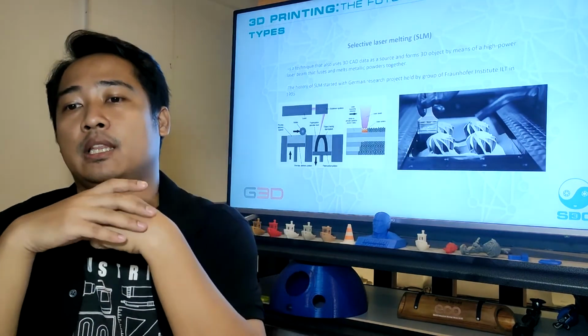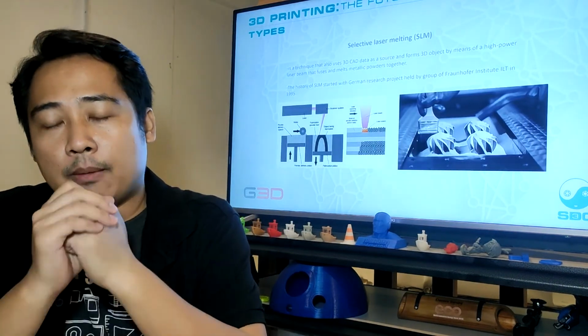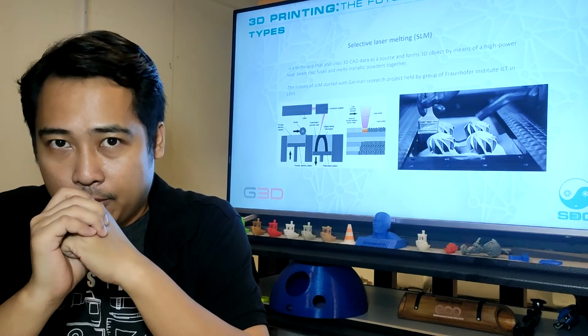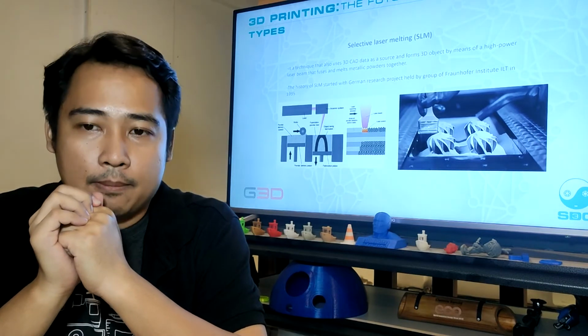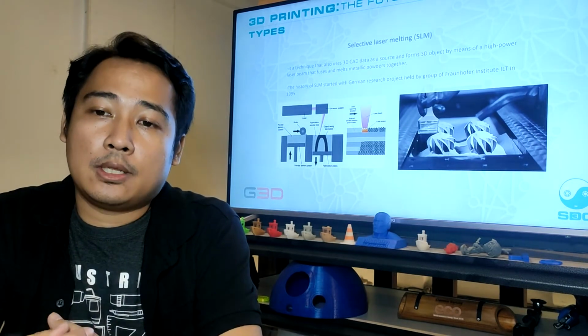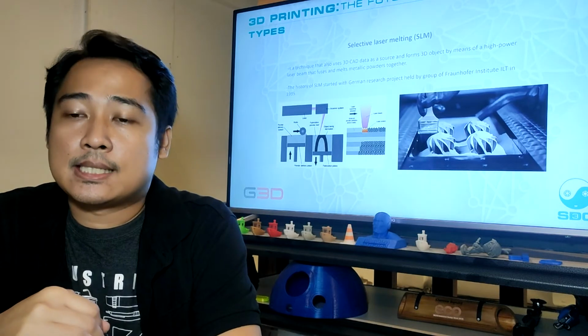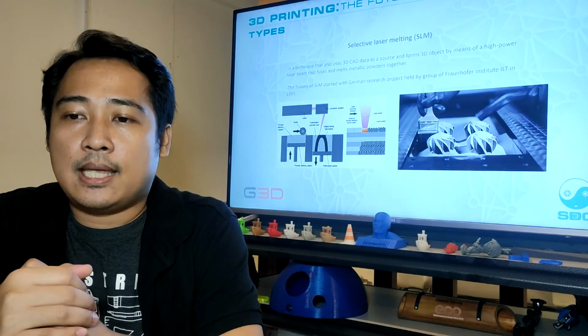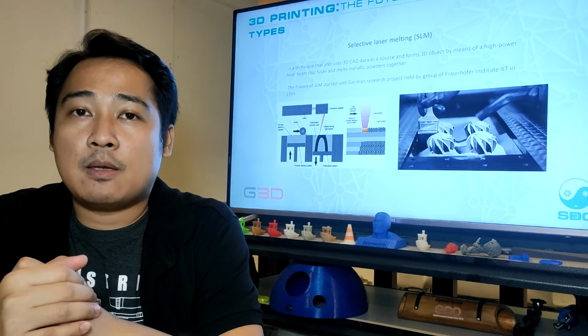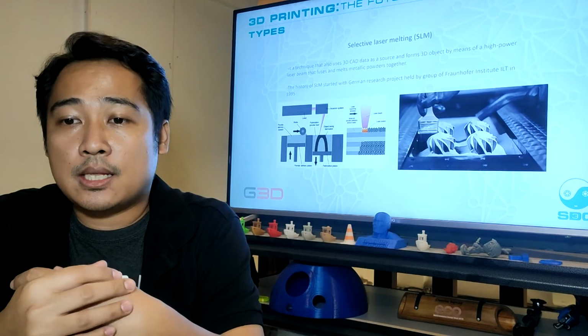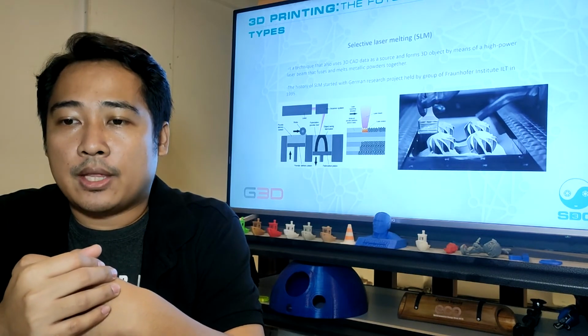So next is selective laser melting. This type of printer can print metal or metallic parts. It is a technique that also uses 3D CAD data as a source and forms 3D objects by means of a high power laser beam that fuses and melts metallic powder together.